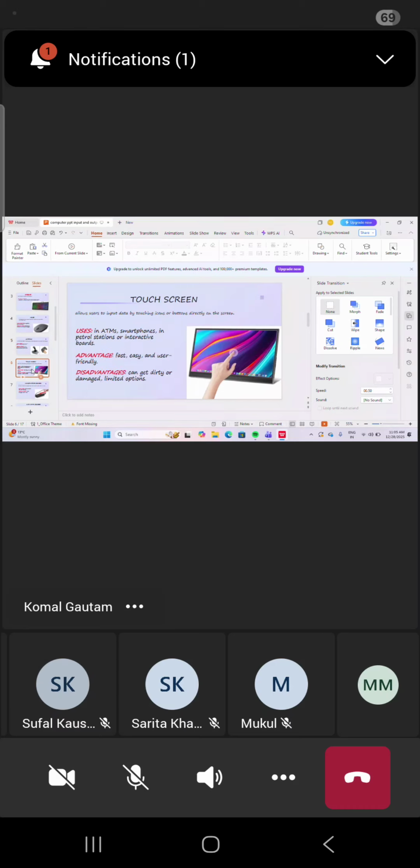And next is touchscreen. We all use mobile phones, and touchscreens allow users to input data by touching icons or buttons directly on the screen.